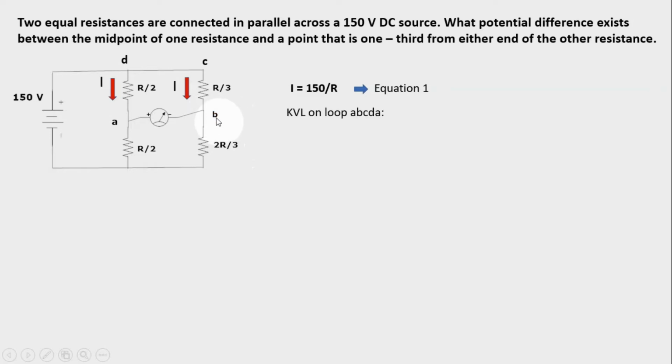So we are taking the KVL on loop A, B, C, D, A.